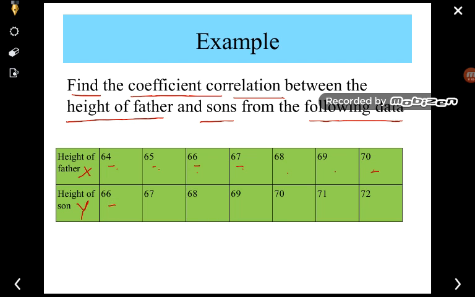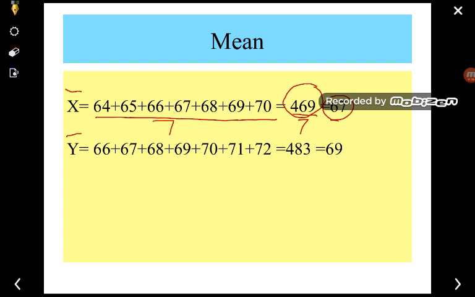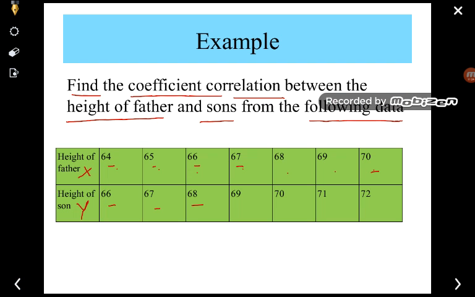So here we have to add all these together, that is 66 plus 67 till 72, divided by the number of y observations.